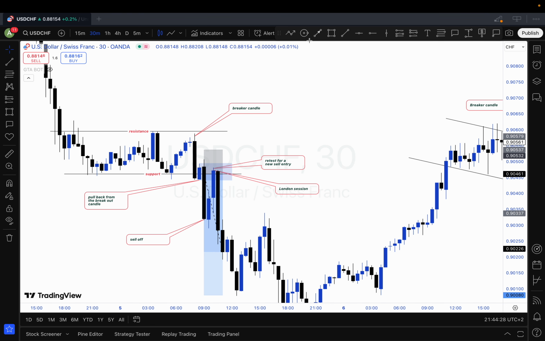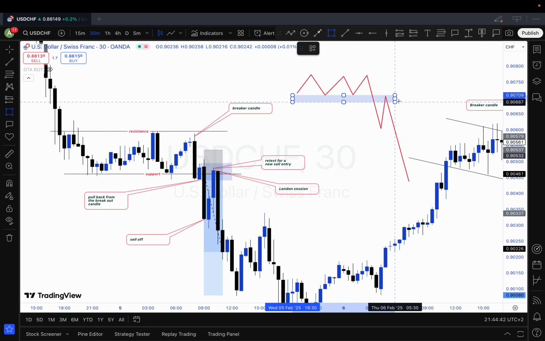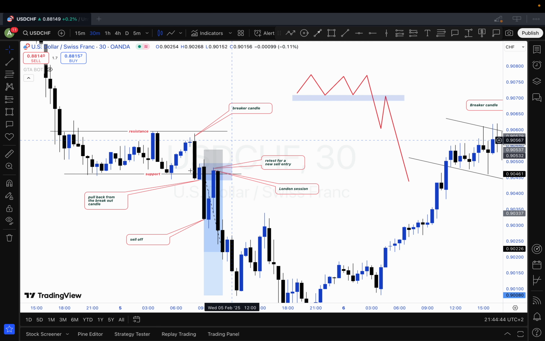So let me give you this. You just see a trade going like this, and then it happens this way. Believe you me, there is already something here.